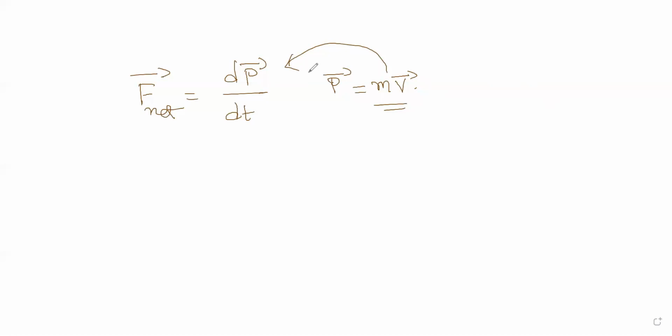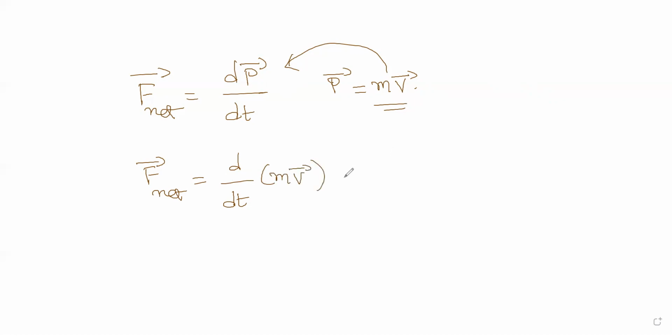But unfortunately, these things are not done. I think they will suddenly give that to you in the exam. That's what I guess, so that's why I want to do that. So F net happens to be d by dt of m v bar.